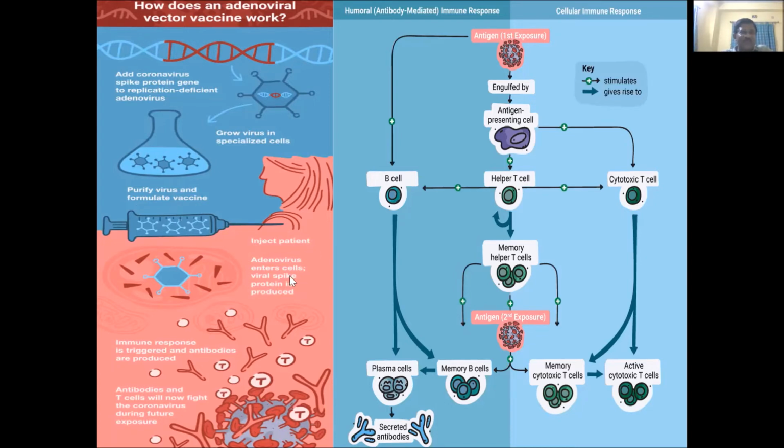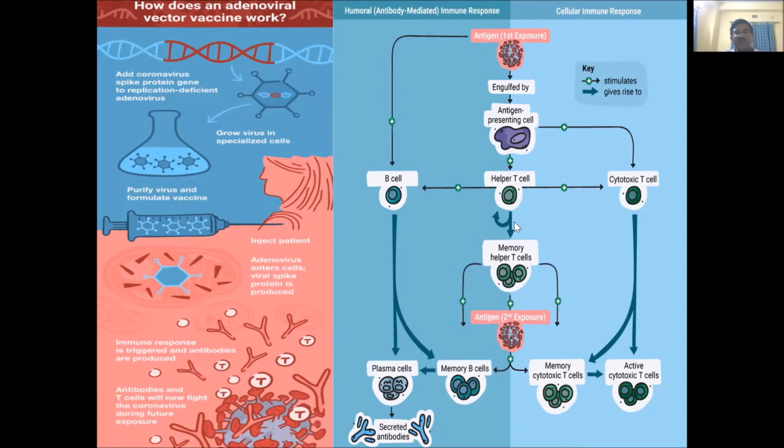The adenovirus will enter into the cell very easily because they are masters at attacking cells, particularly human cells. They will enter the muscular cells and the viral spike proteins will be produced. Now your body thinks that there is an infection due to the coronavirus spike protein. So it will generate an immune response against the spike proteins in the form of antibodies.